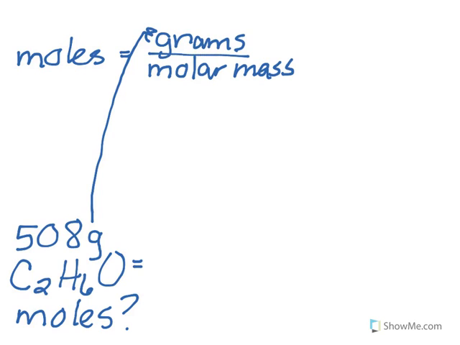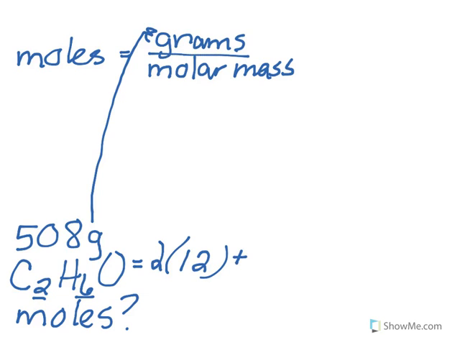Okay, we'll do that by looking at the molar mass of each element, taking into account how many we have, which is shown in our subscripts. Okay, then multiplying and adding them all up. So our molar mass of carbon is 12, and we have 2 of them, so we need to multiply by 2.